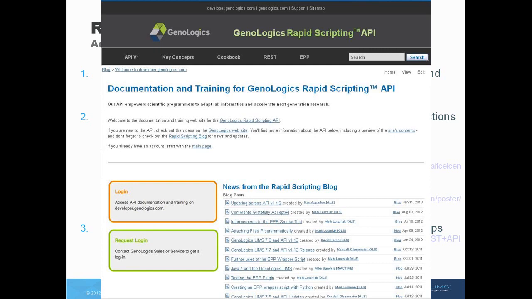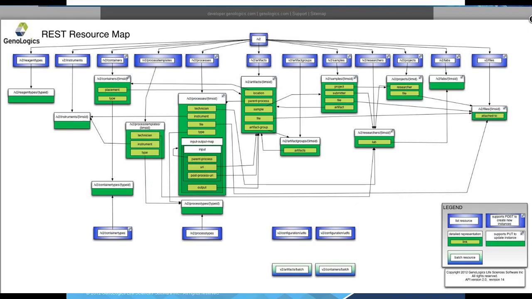So here is the website, and one of the things that you might find useful, at least at first, is the resource map. And this shows the relationships between the major business entities that you'll be using when you're manipulating the LIMS via the API.